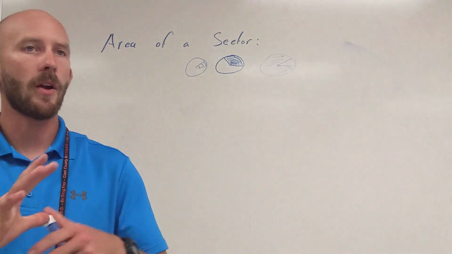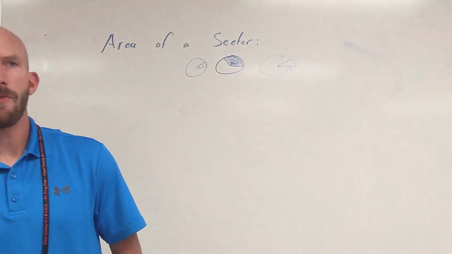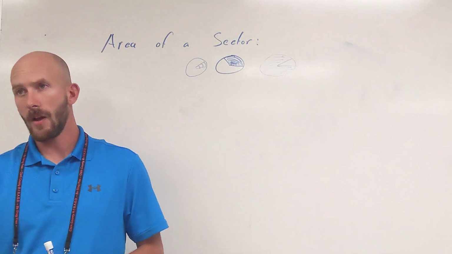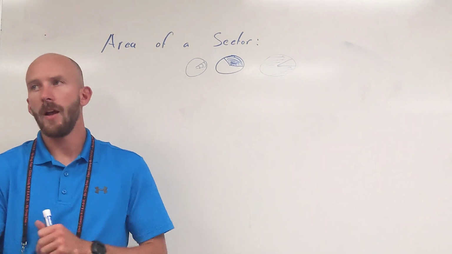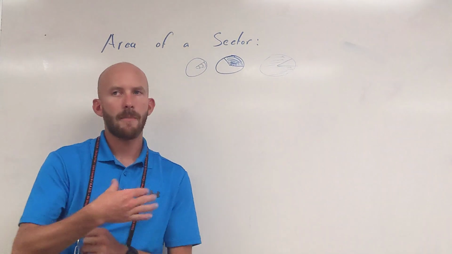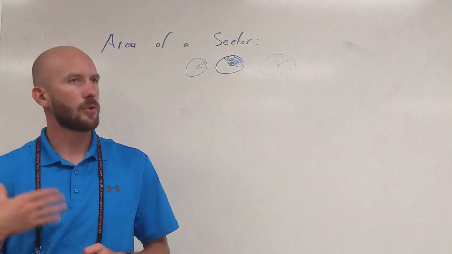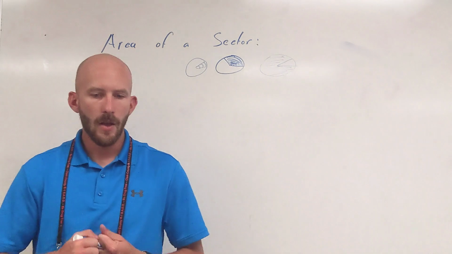Either way, just varying angles for a sector. We're going to derive the formula for the area of a sector. I'm going to show you how we get there, but if it gets too confusing, you aren't going to have to derive the formula on your own. I'm just showing you where it comes from, but then we just have to be able to use it, okay?